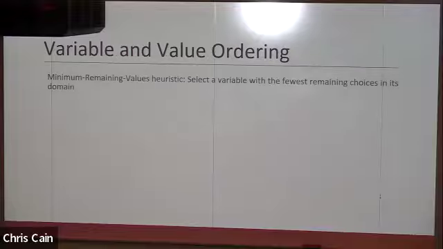You use what we call the minimum remaining values heuristic to try to order them in an intelligent way. Select the variable that has the fewest remaining choices in its domain. Initially in Australia, every territory can have all three colors.